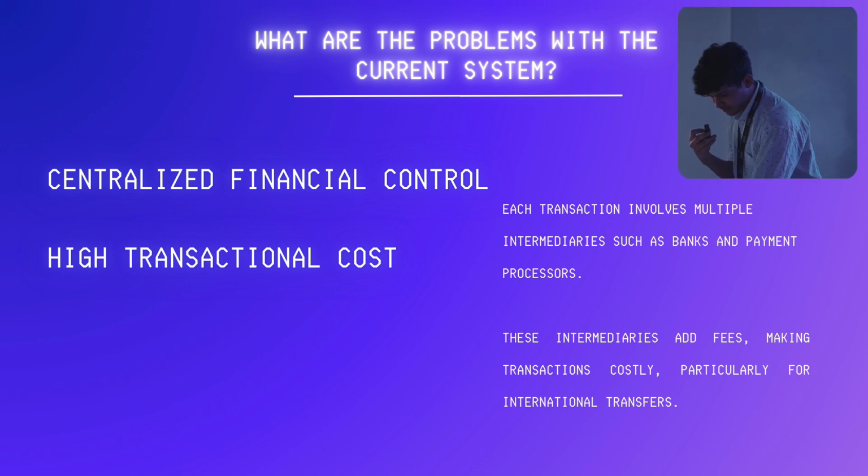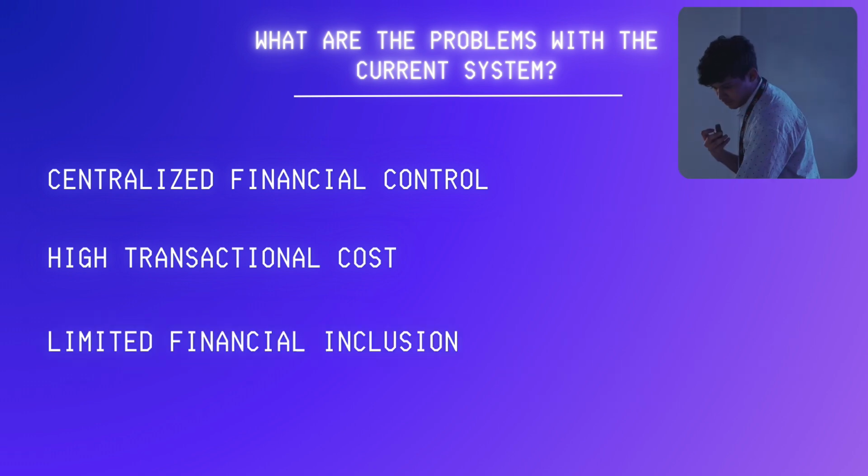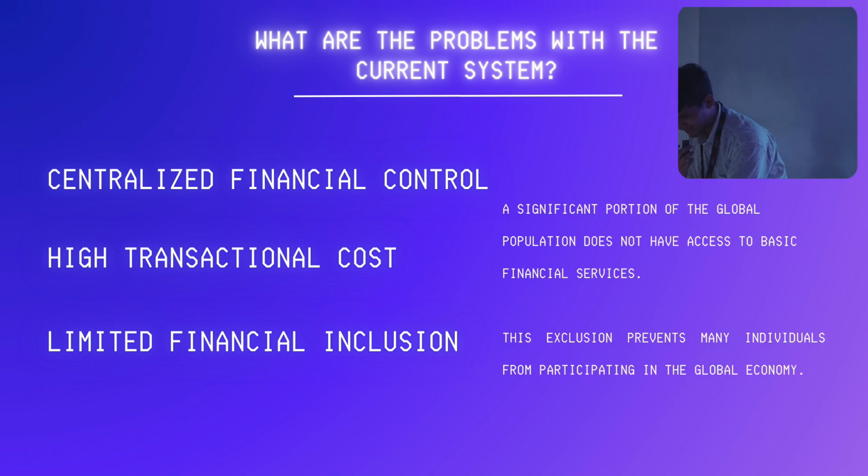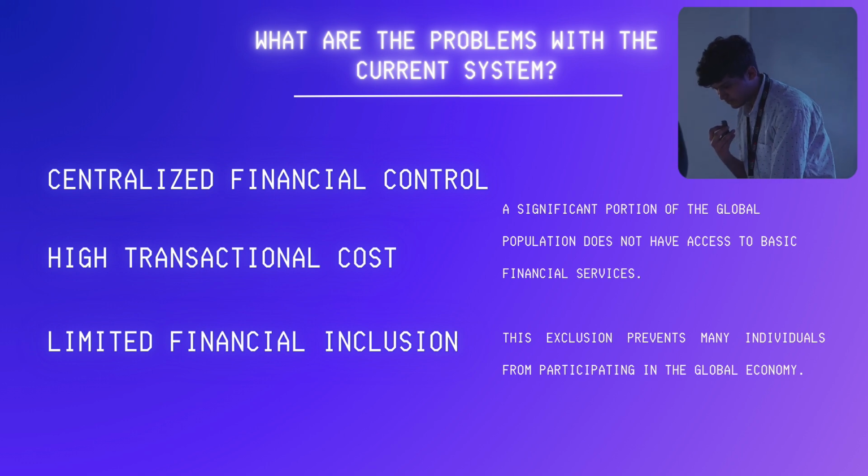There are intermediaries and fees, making transactions costly, particularly for international transfers. Next, it gives limited financial inclusion. Limited financial inclusion means that not everybody will have the basic needs to create an account. This exclusion prevents many individuals from participating in the global economy.